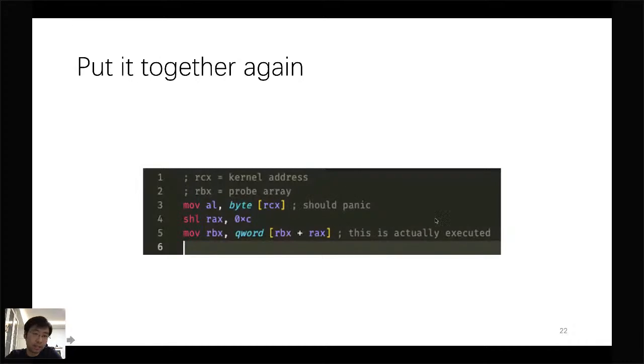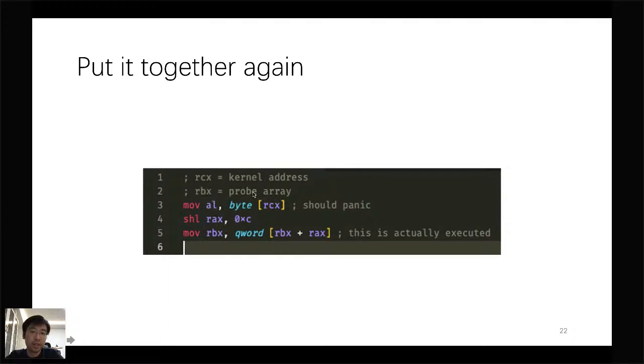Okay, so I think this can explain the line 4 and line 5 of the attacker. And as explained before, the RCX can be read because of the out of order execution to the register IX, and then the attacker used the IX as an index to access the RBX array.